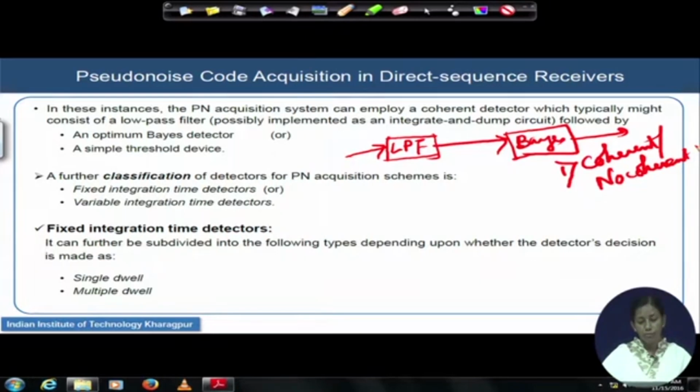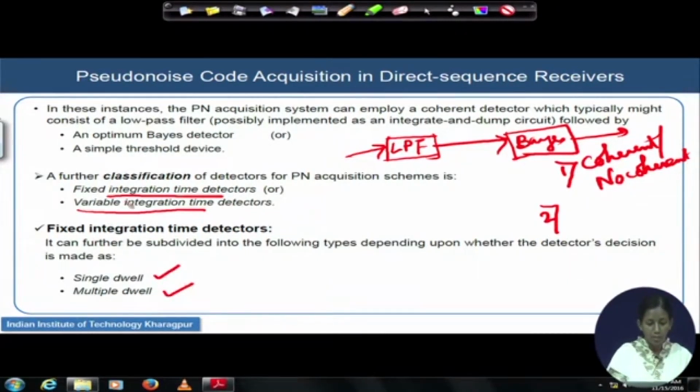The second classification can come based on the integration time that you are using inside the detection and decision process, and that can be either a fixed integration time or a variable integration time. Fixed integration time can further have two types: either a single dwell time or a multiple dwell time.